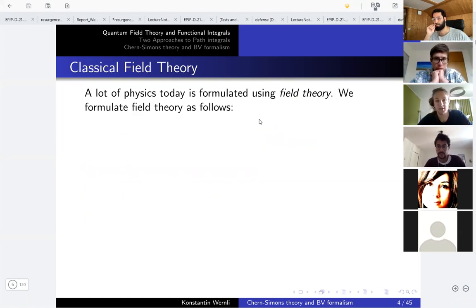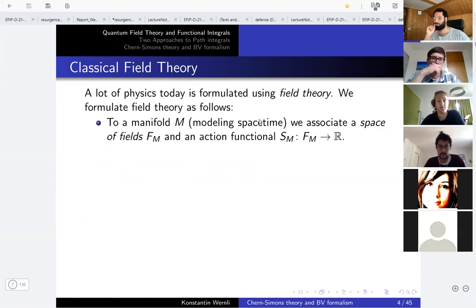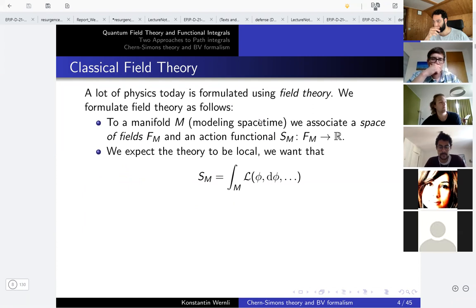Lots of physics today is formulated using field theory, so especially particle physics. And the way I formulate field theory mathematically is as follows. I'll take a manifold which models the space-time. And to that manifold, I'll associate a space of fields and an action functional on the space of fields. That should be local.